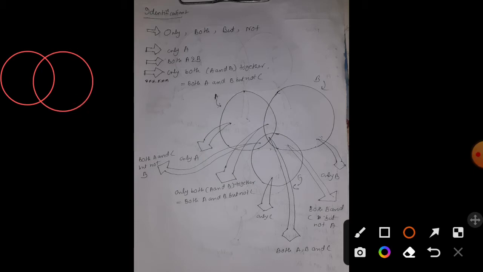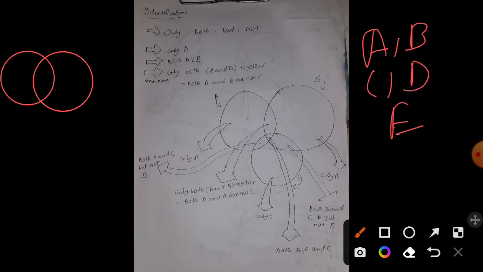Suppose those 5 students are A, B, C, D and E. Let's say A is a Lionel Messi lover, so we will write A under this circle.